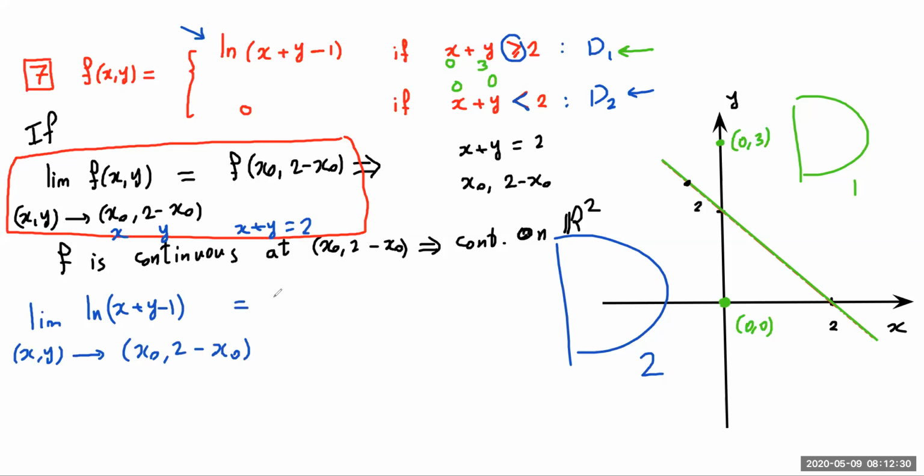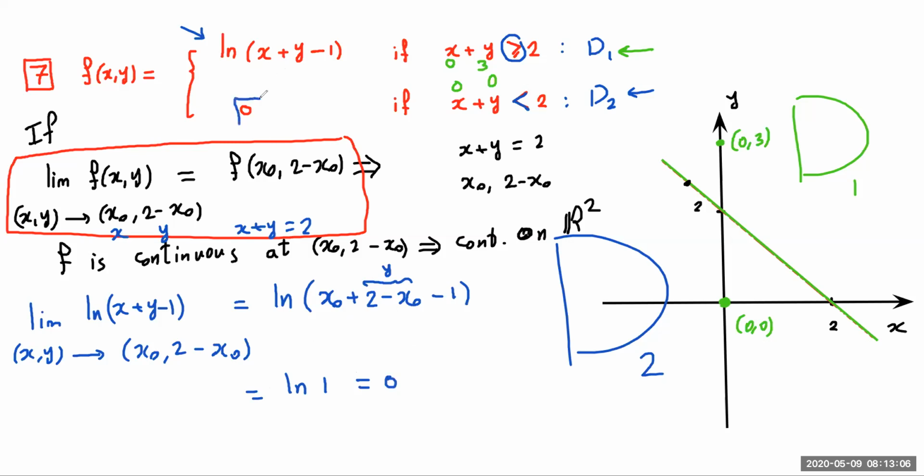So it's equal to ln of x0 plus, instead of y, 2 minus x0, minus 1. So this is ln of 2 minus 1, which is ln 1, which is 0.